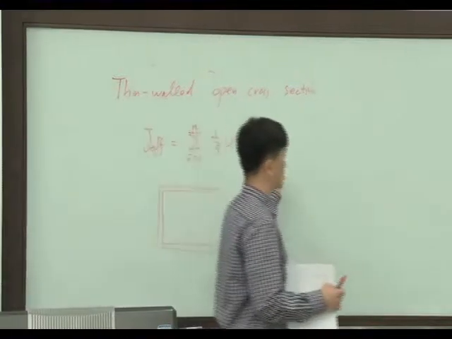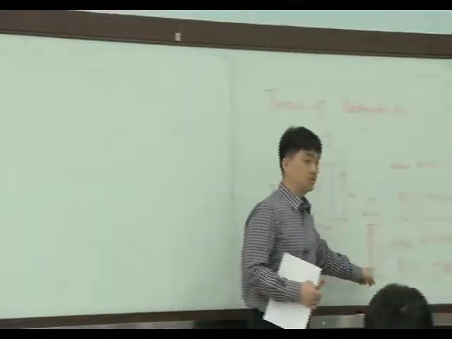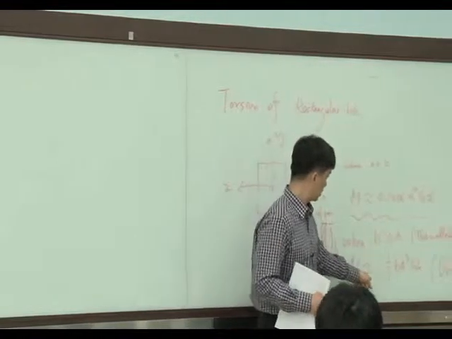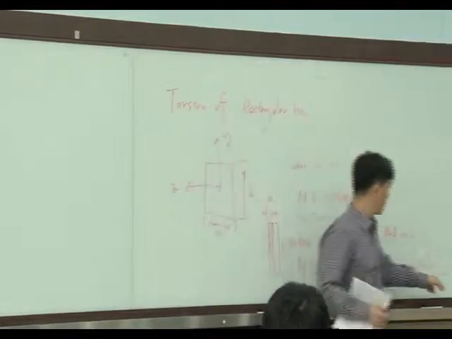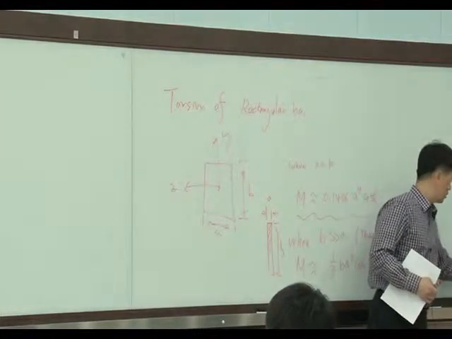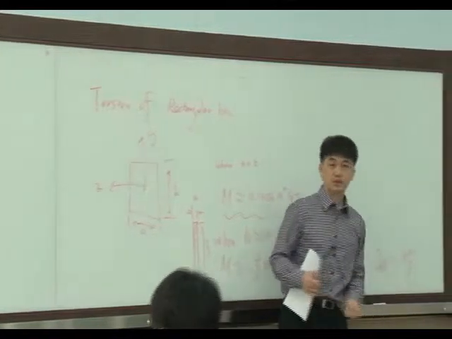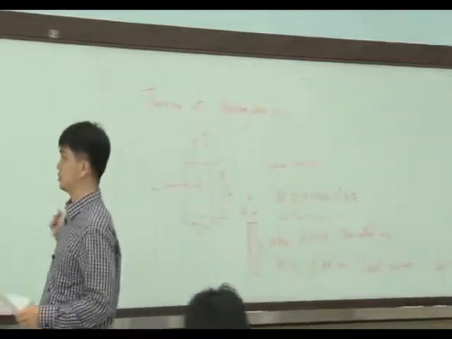This equation comes from Bredt's formula, where J effective is B A cubed over 3.